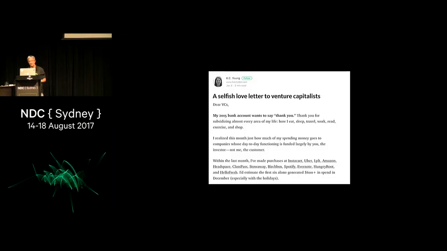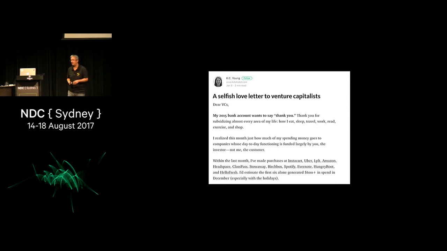In fact, there was a letter called A Selfish Love Letter to Venture Capitalists, in which a lady was demonstrating how she saves money every month because of venture capitalists, right? She probably doesn't pay for a whole bunch of services, a whole other bunch of services she's getting at a very discounted rate, and she can basically get anything she wants without having to pay that much money.